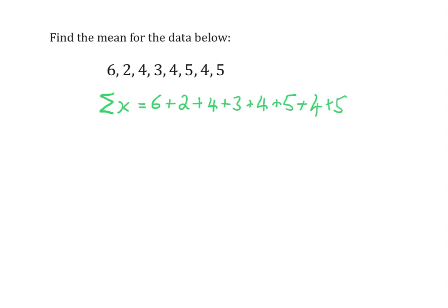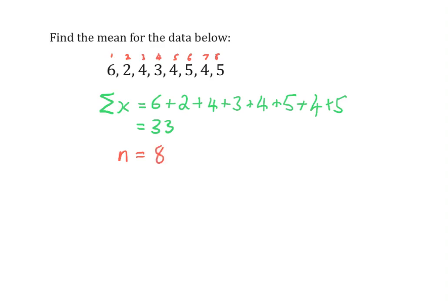So adding all that up, you get equals 33. The second step is to work out how many numbers you have in the data set. So I've got 1, 2, 3, 4, 5, 6, 7, 8 numbers in my data set.